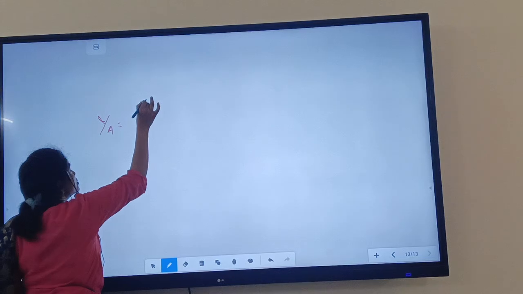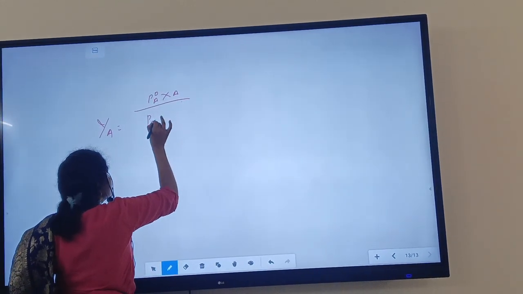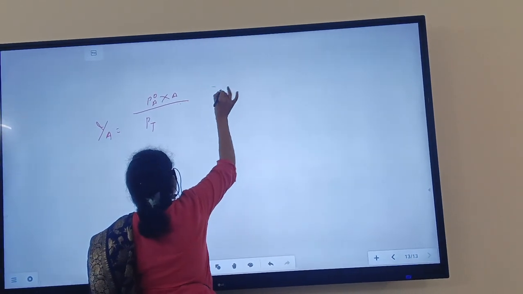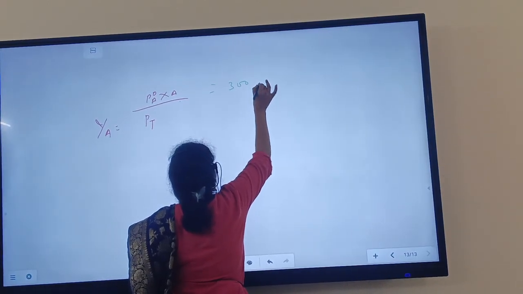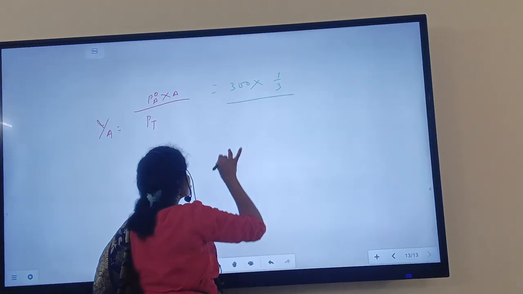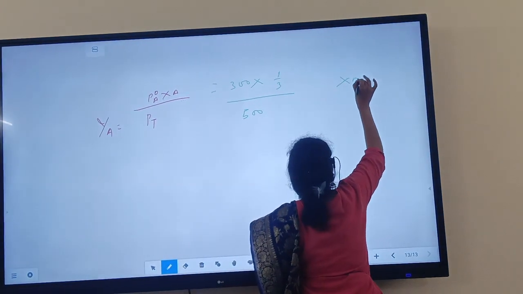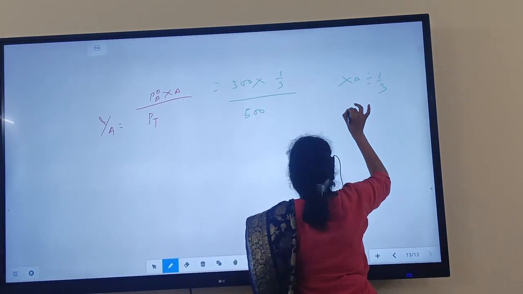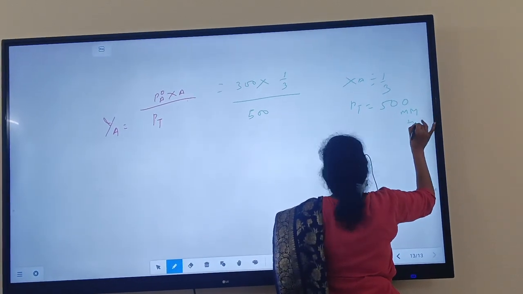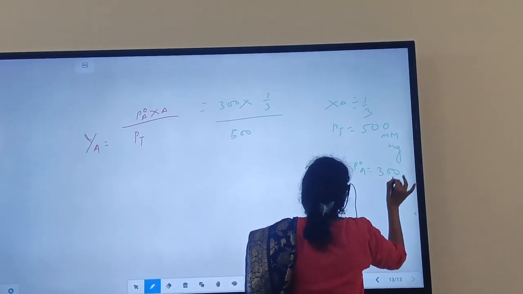Y is equal to P naught A into Xa upon Pt. Okay, P naught A 300 into Xa. Xa is 1 by 3 from the previous value, and Pt is given. Put the value: Xa is equal to 1 by 3 and Pt is equal to 500, given in the question. And P naught A is equal to 300 from the question.